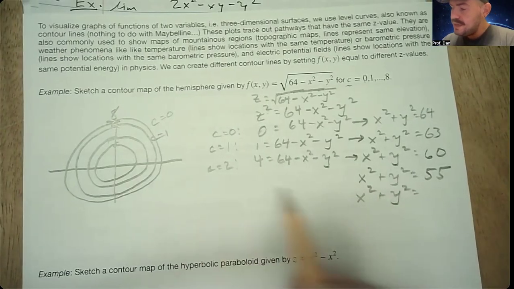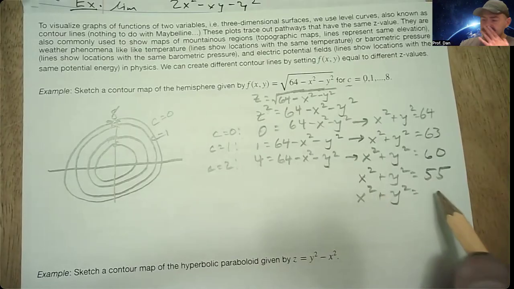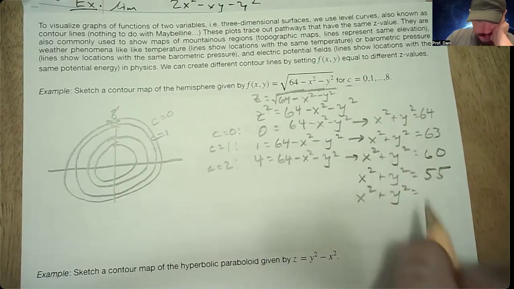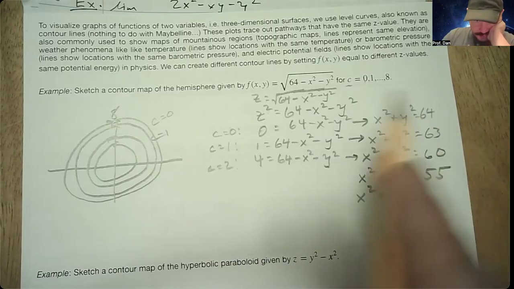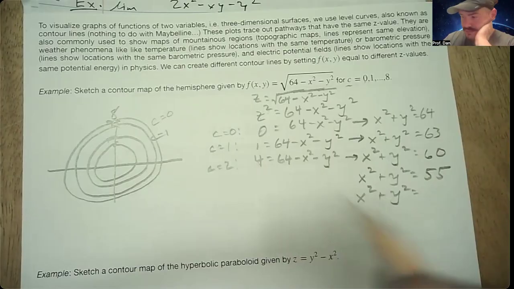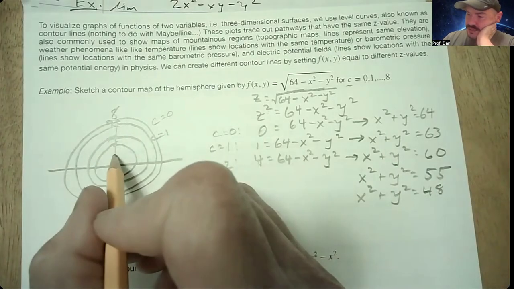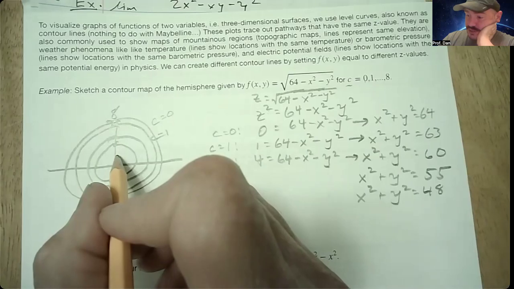All right, so then for c equals 4, basically we would get, right, that would be 16. So we'd get 48, which will be less than 7. I realize this is definitely not drawn to scale.